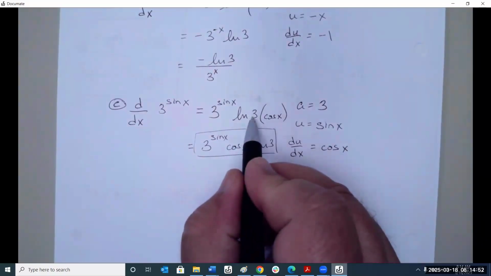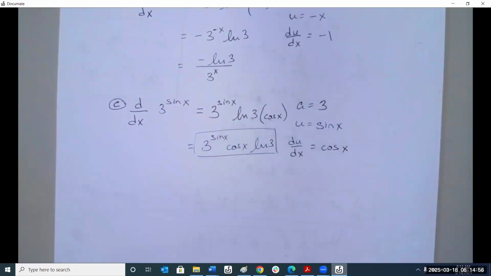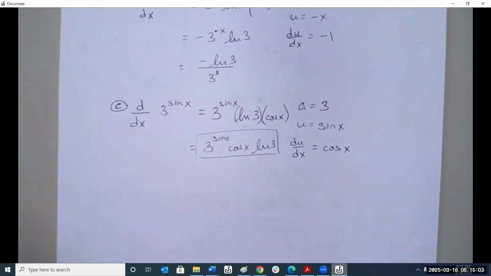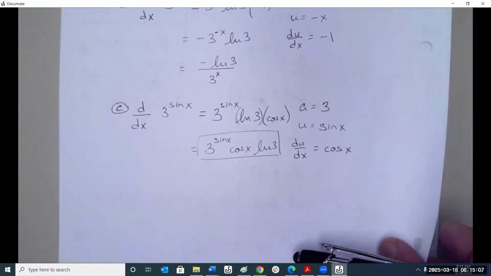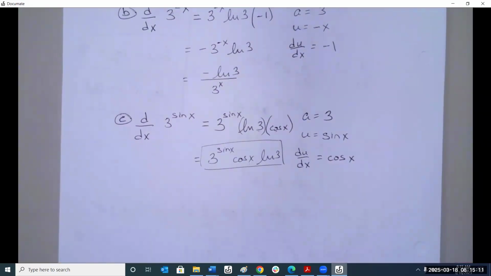This is not 3 cosine x. This is ln 3 times cosine of x. Or you could put those in parentheses. It's just so you don't get those confused and overlapping themselves. That's a very good question. Why do we do that? It's just ease of reading.